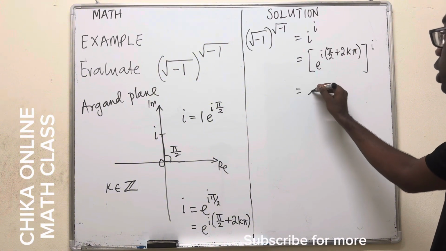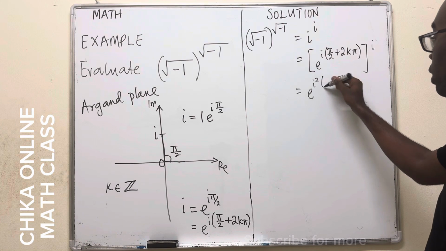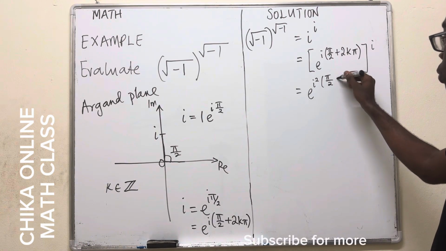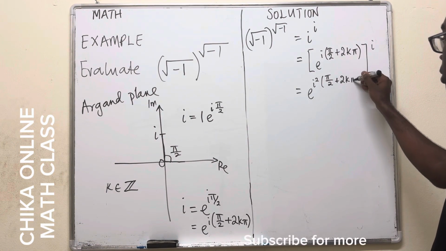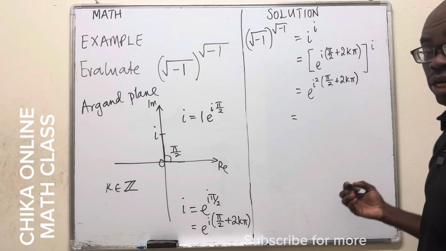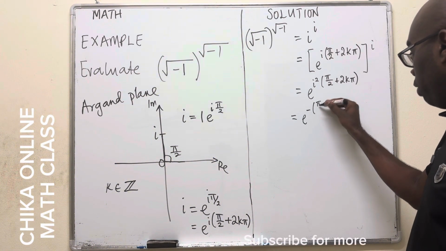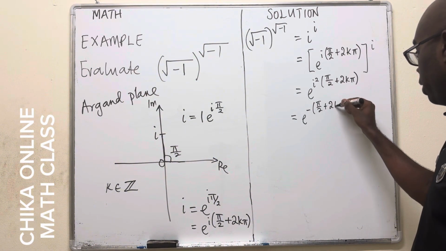So this is exponential i times i, which is i squared, into pi over 2 plus 2k pi. Now what is i squared? i squared is minus 1, so this is exponential minus pi over 2 plus 2k pi.